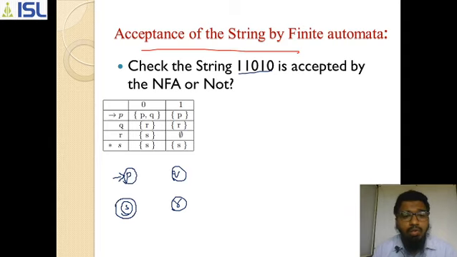Okay, now from P, if P is 0, where is it going? P as well as Q. So here if it is 0, it goes to P, and here it goes to Q. If P is 1, where is it going?